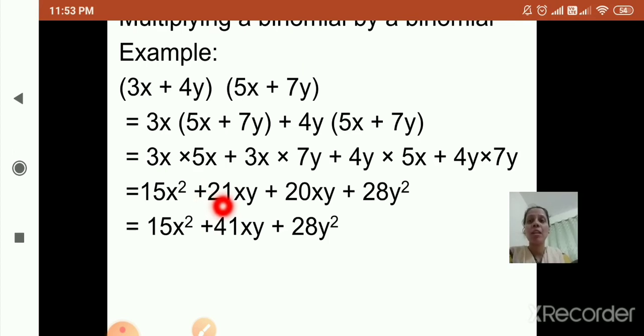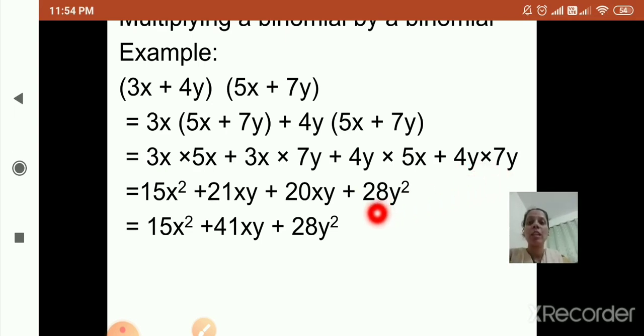So plus 21xy. Now plus 4y multiply by 5x, 4 5s are 20, and y multiply by x is yx, or while writing you will write xy. So 20xy. And the last, 4y multiply by 7y, 4 multiply by 7 is 28, and y multiply by y is y square.